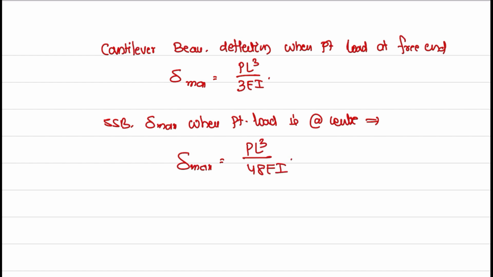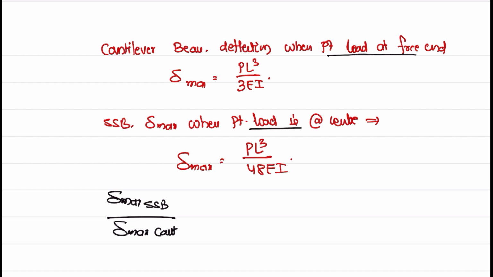There can be an objective type question, which I have also explained in the vibrations class in structural analysis. Please see my previous lectures where I have told delta max for the above combination, simply supported beam by cantilever for point load at free end.